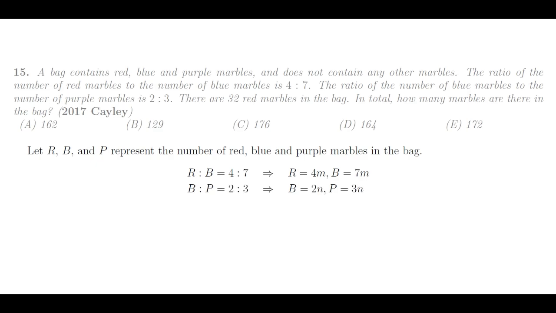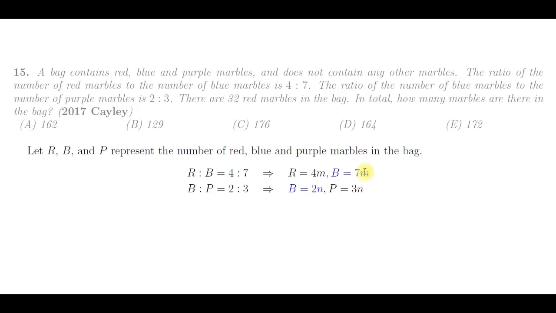Similarly, if I look at the second ratio, I can write B and P in terms of another multiple of an integer, so 2n and 3n for B and P. Again, these are integers because we're dealing with the number of marbles.